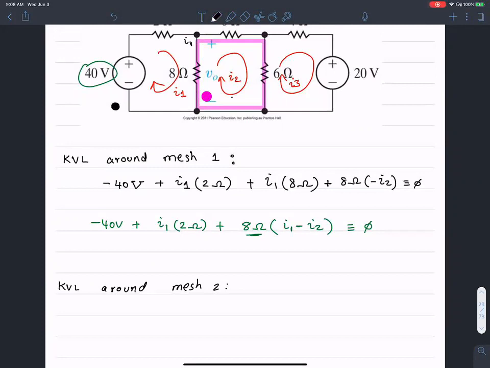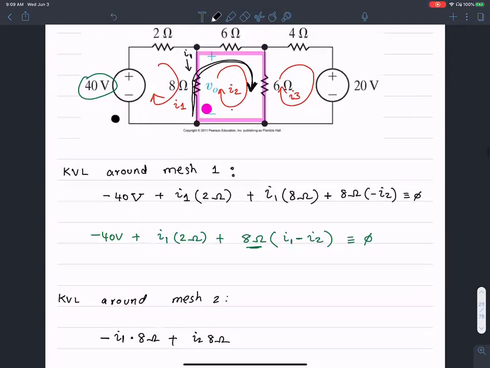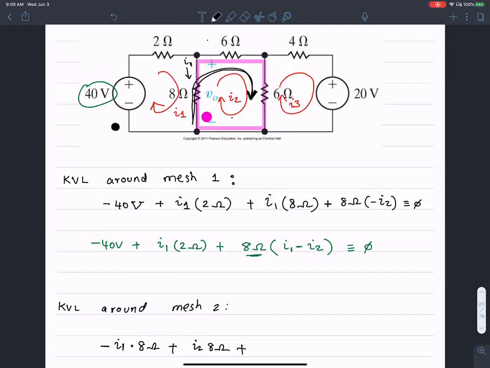When I'm following the clockwise pattern, this current I1 appears to be opposite to that direction. So negative I1 times 8 ohms, plus there is one current I2 flowing in the clockwise direction, aligned with my direction. So this is I2 times 8 ohms, plus there is a voltage drop from here to here because I'm following a clockwise pattern, so there is that 6 volts, plus 6 ohms times I2.